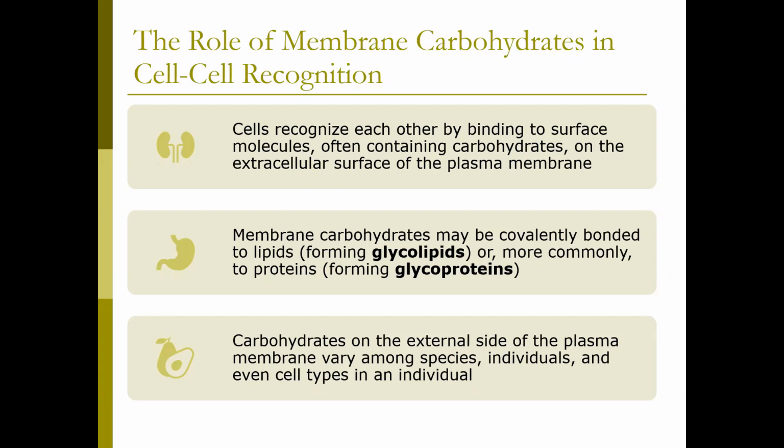So they end up forming glycolipids, or more commonly the glycoproteins, which are the carbohydrates attached to the proteins. The carbohydrates on the outside of the membrane can vary amongst different species, even individuals. So they're very specific.